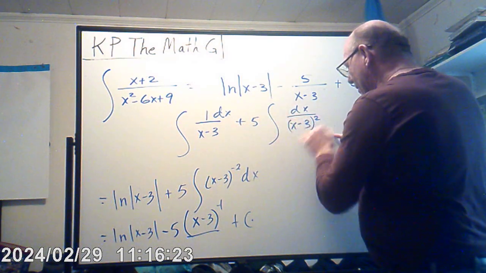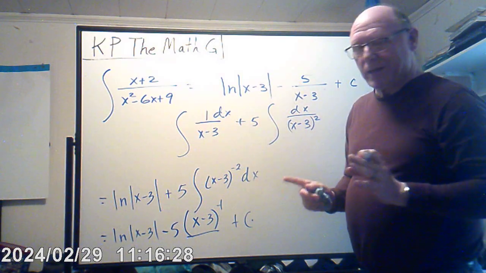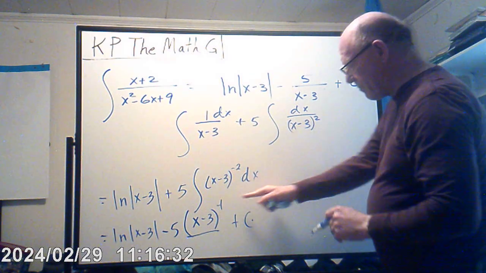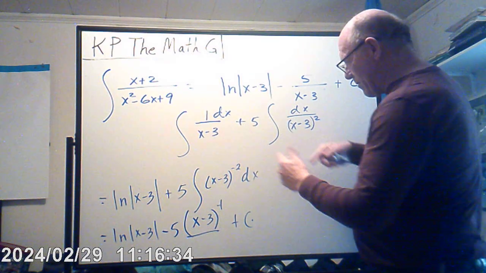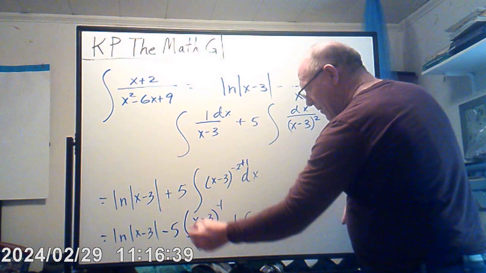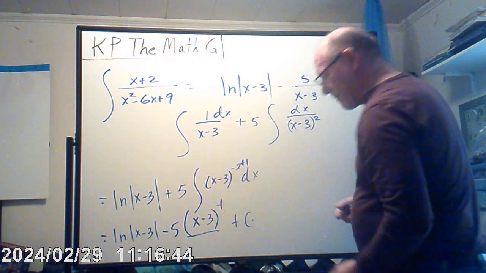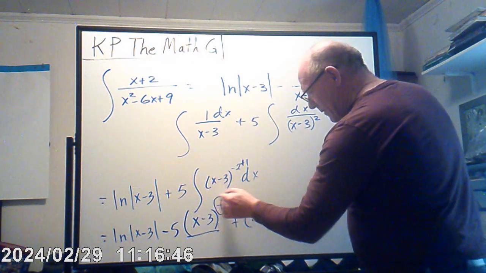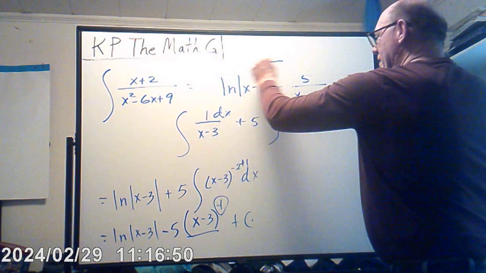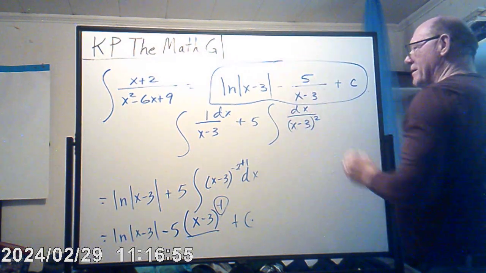This is not an ln, and just because it looks like this does not make it ln, because you don't have an exponent of 1, you have an exponent of 2. You have to bring that up, and then you add 1 to it. That's going to make that negative 1, and then the negative 1 would come down, making this negative 5 here. I like to bring this down in my final answer. This is the final answer here. And always don't forget the plus c on the end.